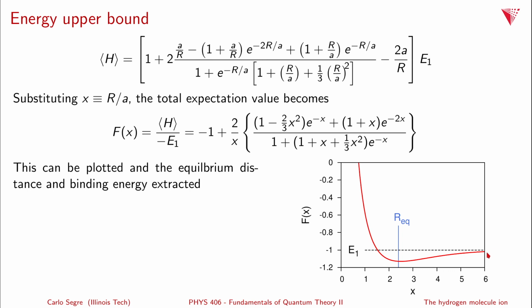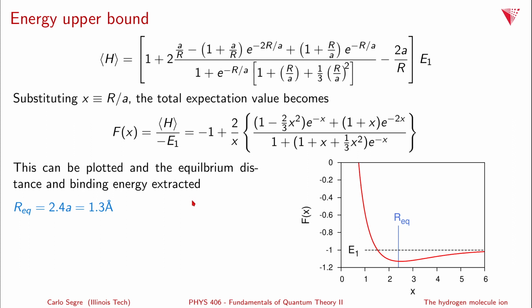It approaches E1, which makes sense because as you go far away, the electron will either be around one of the protons or the other proton, and it'll look just like a hydrogen atom. And in the middle, since this drops down rapidly, like 1 over R, and this goes to E1 at infinity, you get a minimum. And the minimum appears at the equilibrium distance.